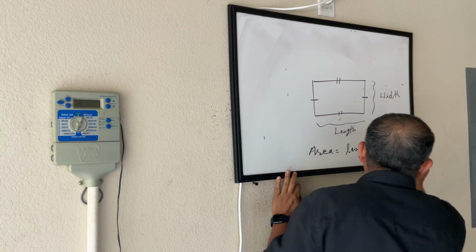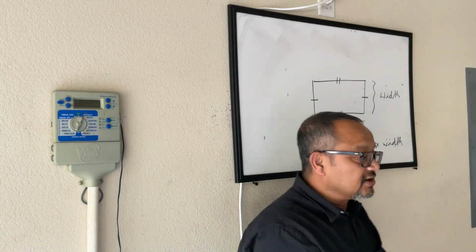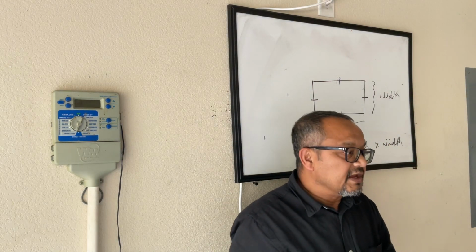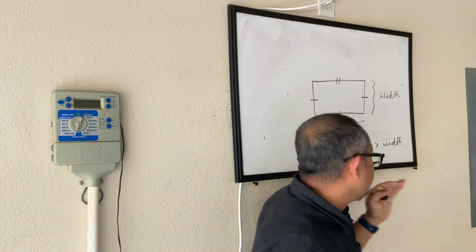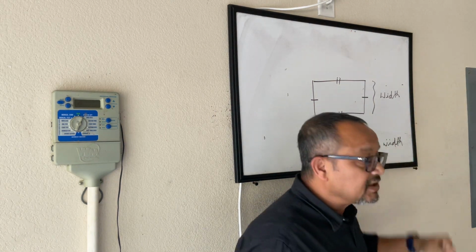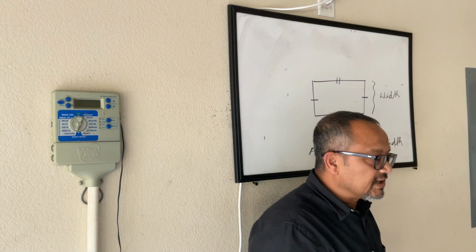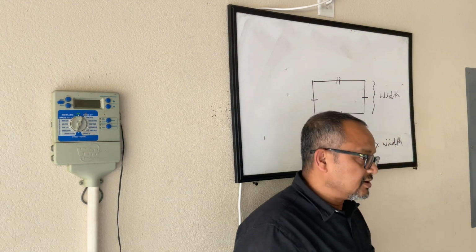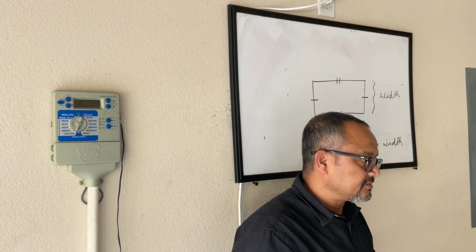And how this thing came into picture, that also we talked about in the previous class. If anybody in the class doesn't remember how this area of a rectangle becomes length times width, please watch the full video of the last class. You would be able to recall.